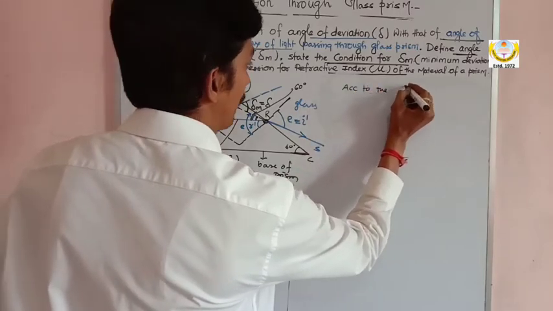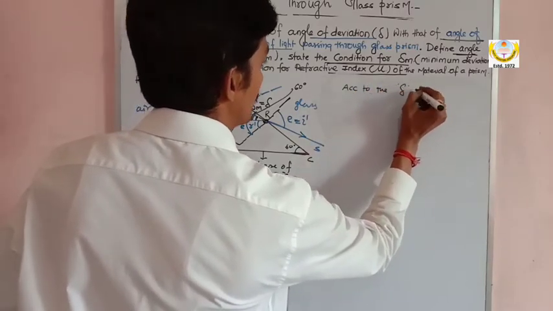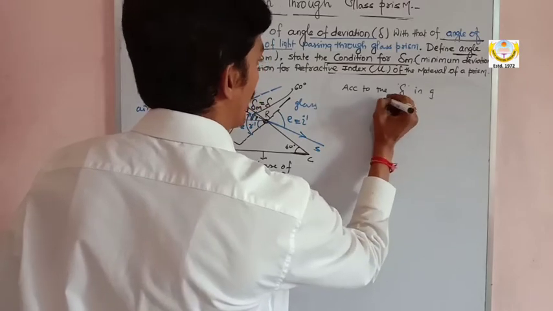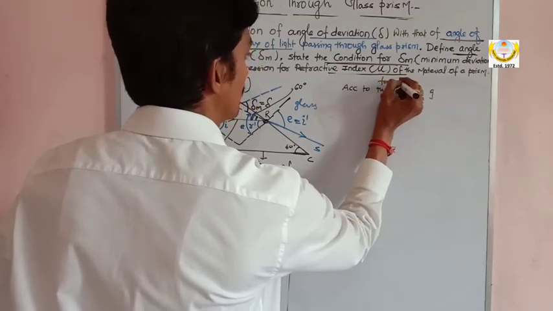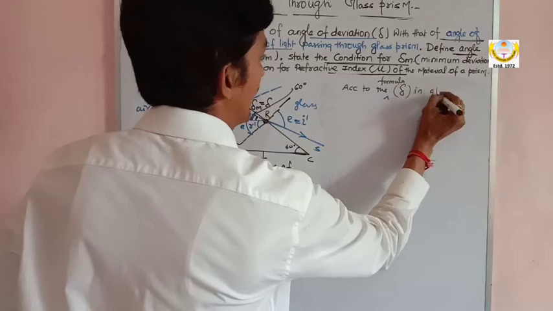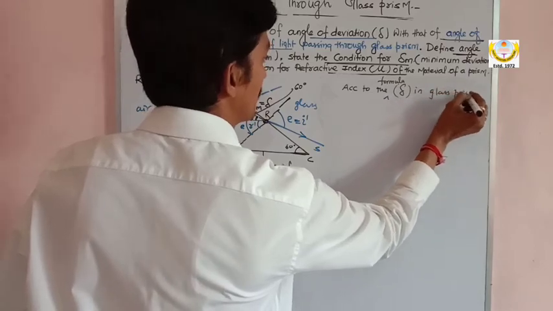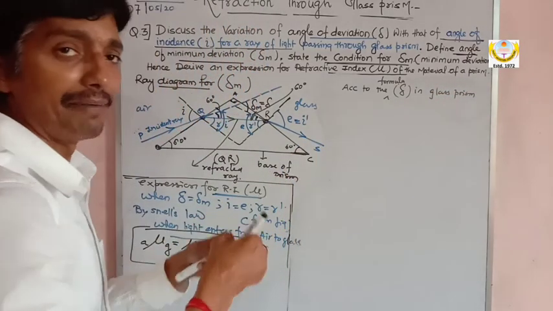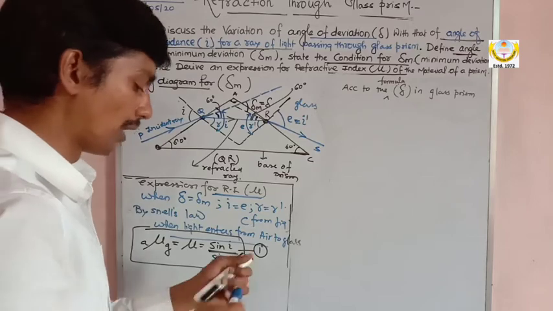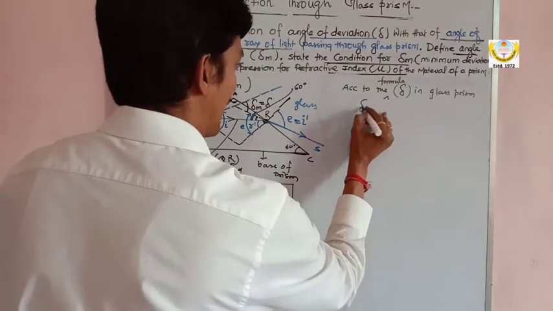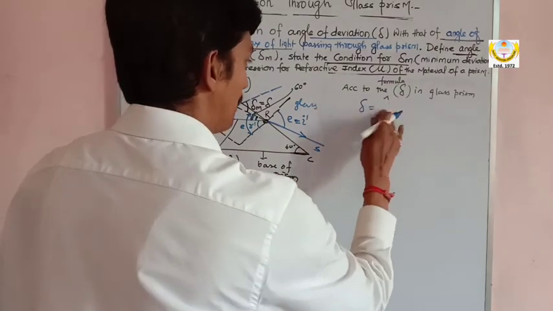According to the formula of deviation in a glass prism, what is the formula, my dear?